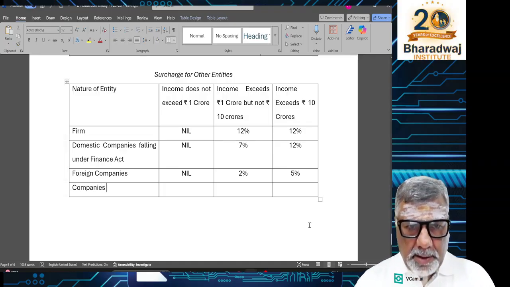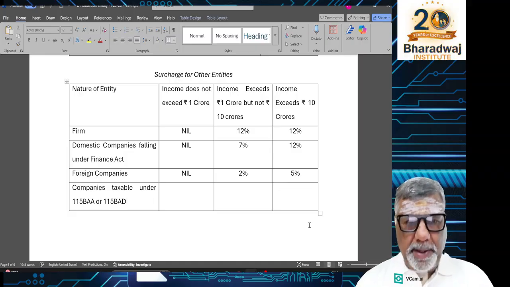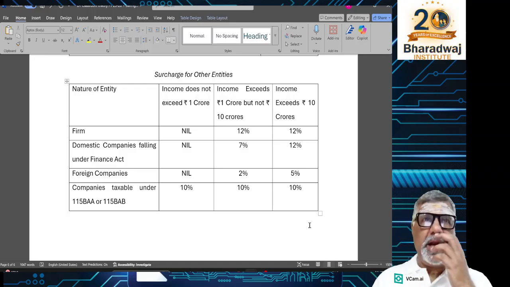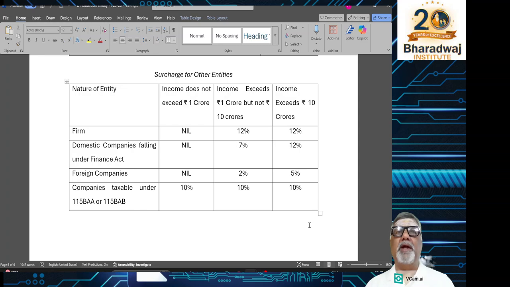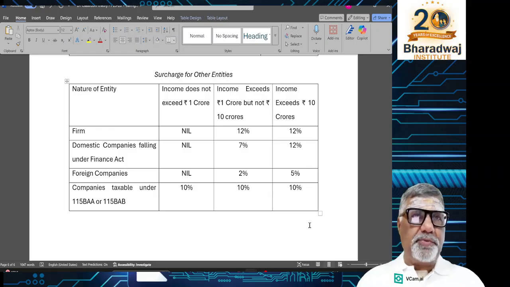Companies taxable under 115BAA or 115BAB. 10%, 10%, 10%. Irrespective of the income level, they are taxable at 10%. The surcharge rate is 10%.